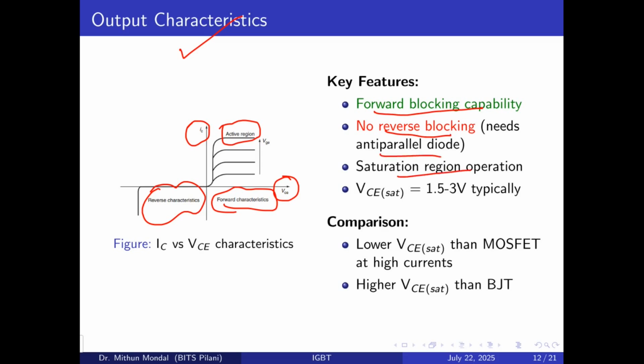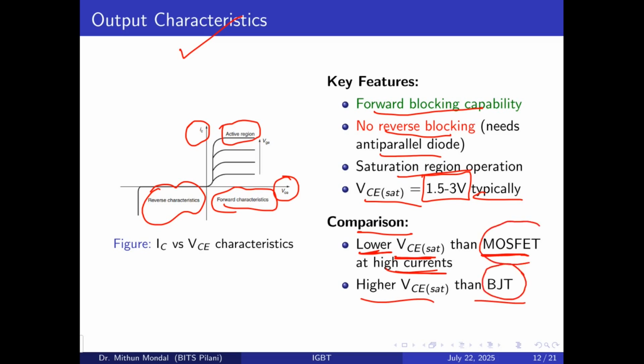Saturation region operation will be there, and the collector to emitter saturation voltage typically has a maximum value of 3 volt, about 1.5 to 3 volt. So when we do the comparison, compare the IGBT with BJT and MOSFET.